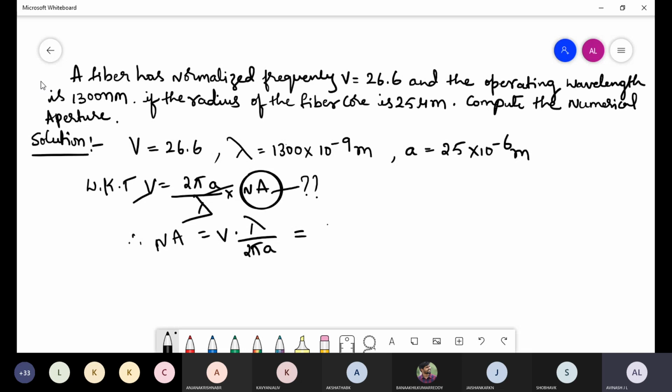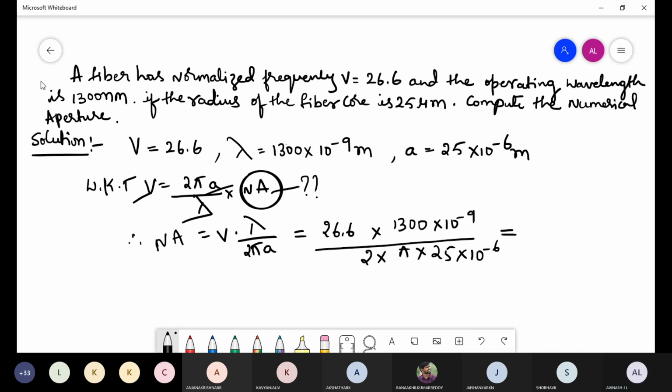Now substitute the values. 26.6 into 1300 into 10 to the power of minus 9, divided by 2 into 5 into 25 into 10 to the power of minus 6. So now tell me, what is the value you will get? Anyone of you calculate and tell me the answer.